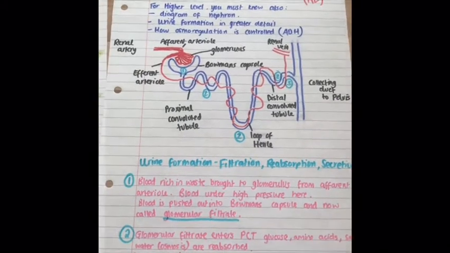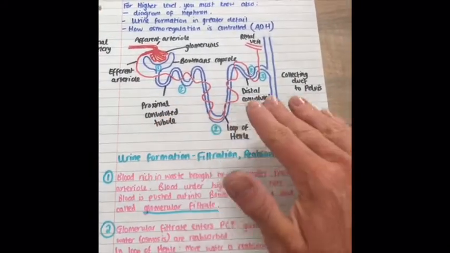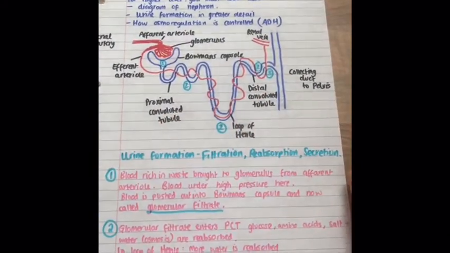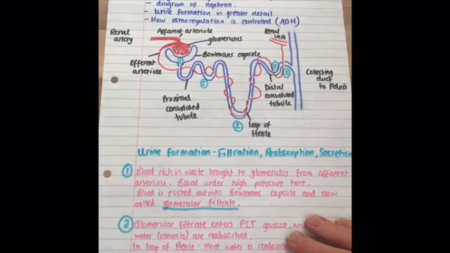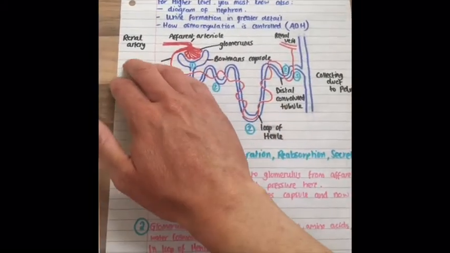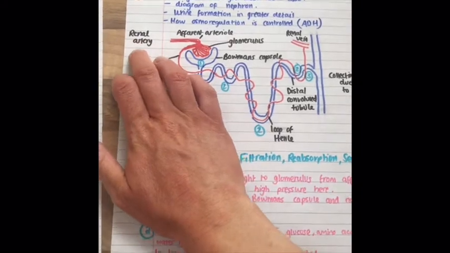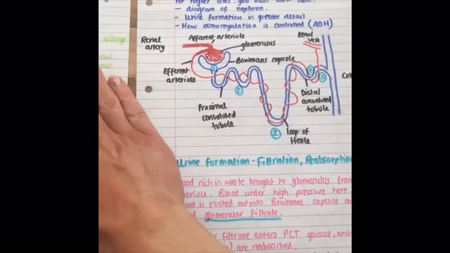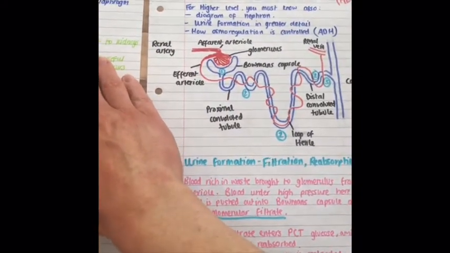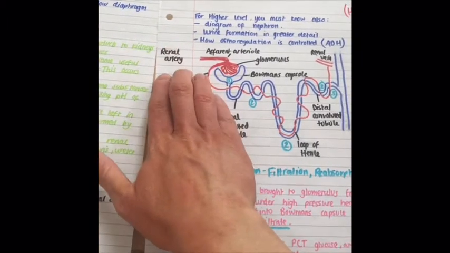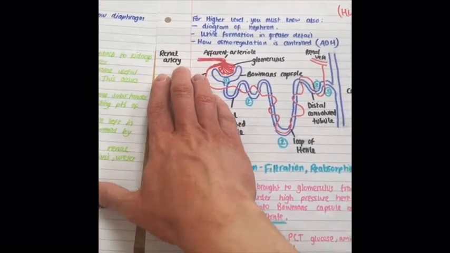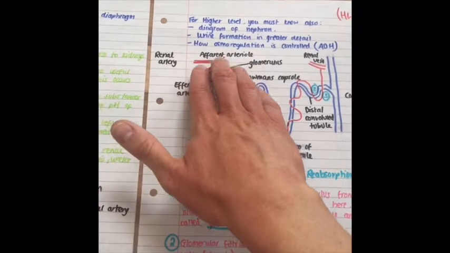Okay, so the different parts of the nephron, let's go through it. The renal artery comes from the aorta. So we have the aorta, big artery, broken down into a smaller artery, the renal artery. That renal artery is broken down into smaller arterioles.